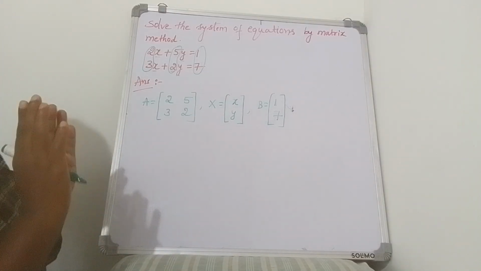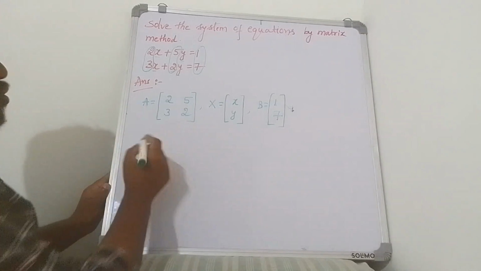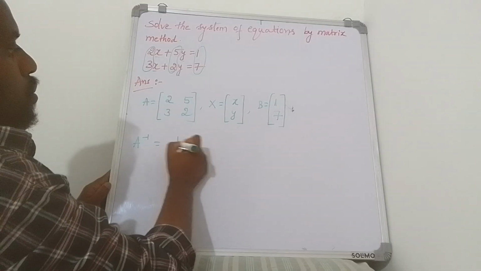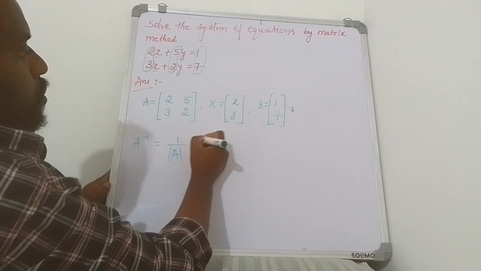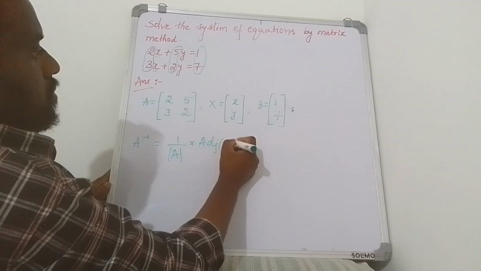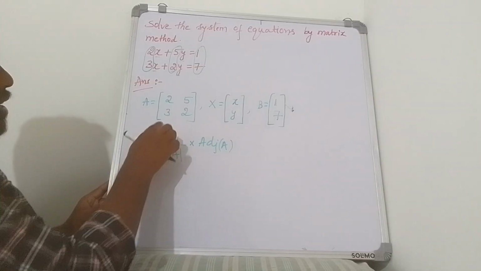Okay. Next, first step is we have to find A inverse. There is a formula for A inverse. A inverse is equal to 1 by determinant of A into adjoint of A. First we need to find inverse.